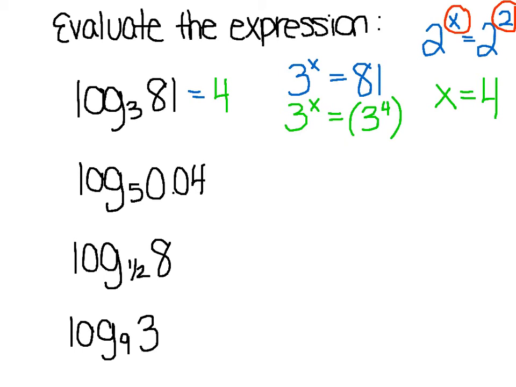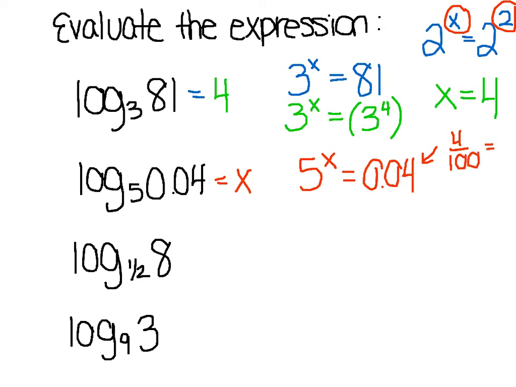Looking at another example, we have log base 5 of 0.04. We know that's going to equal x, so we want 5 to the x equals 0.04. Another way to look at 0.04, remember, that's 4 over 100, which if we divide by 4 is going to be 1 over 25.